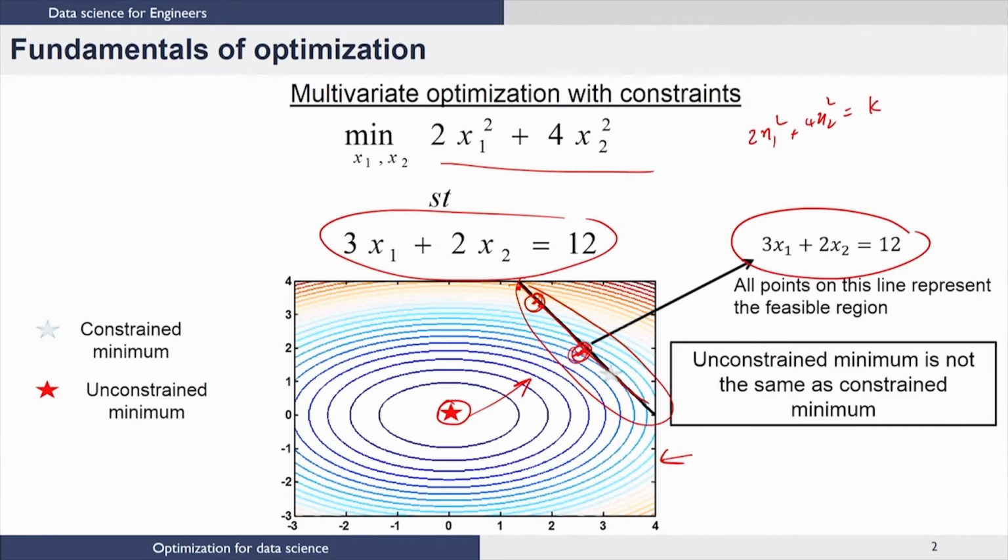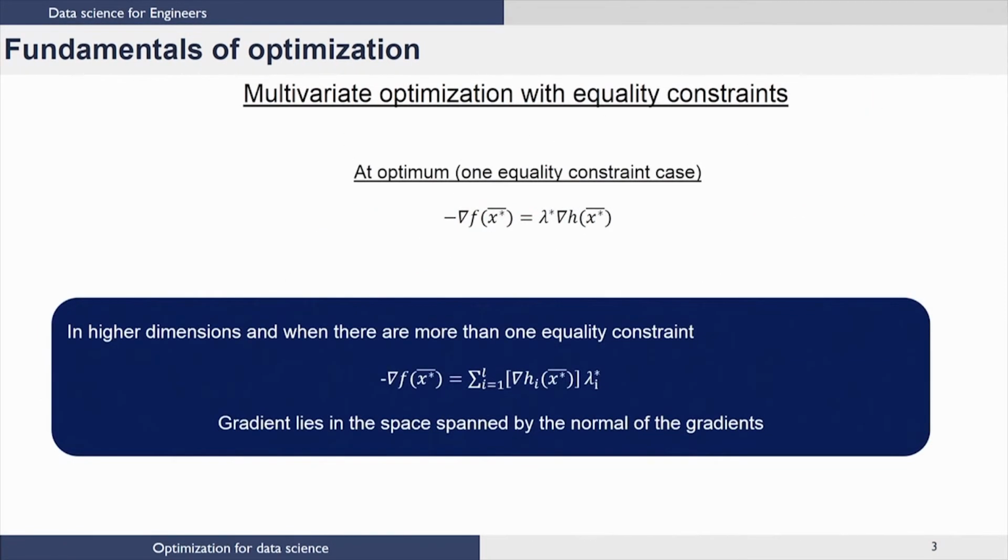The key point to notice here is that the unconstrained minimum is not the same as the constrained minimum. If it turns out that the unconstrained minimum itself is on the constraint line, then both would be the same, but in this case we clearly see that the unconstrained minimum is different from the constrained minimum. So, when I have just one constraint, how do I solve this problem?